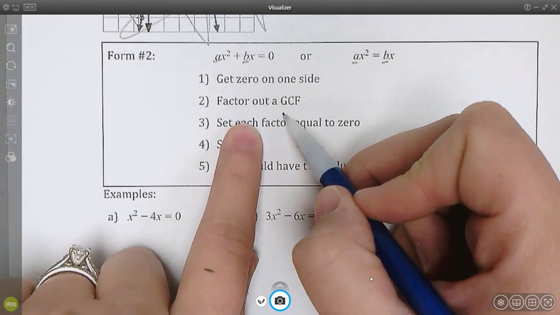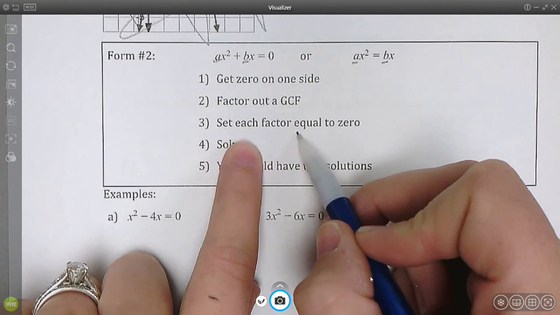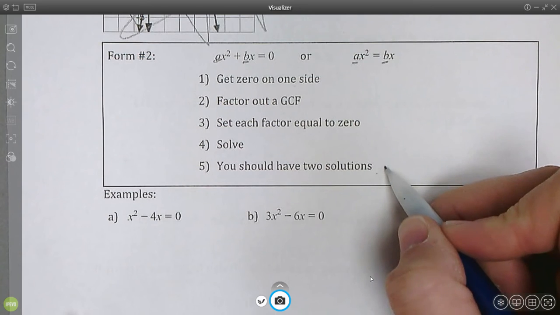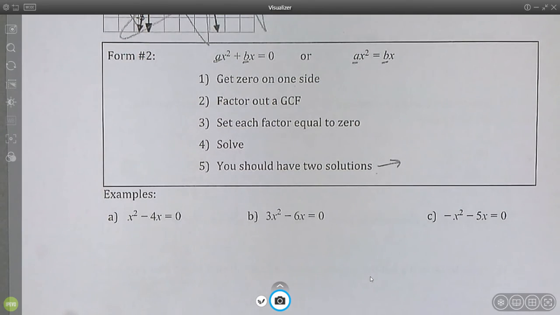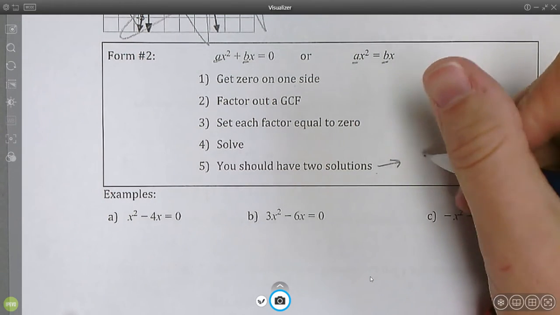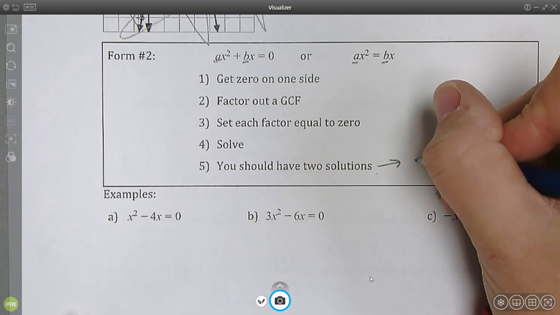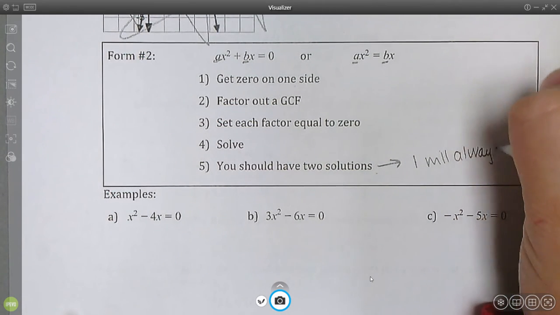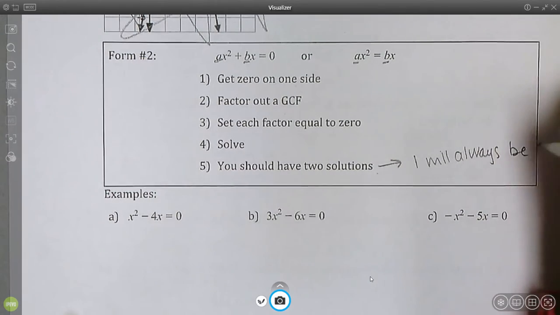Factor out your greatest common factor. Set each factor equal to 0. Solve, and you should have two solutions. And one of your solutions will always be what? That'll be 0. So one will always be 0.